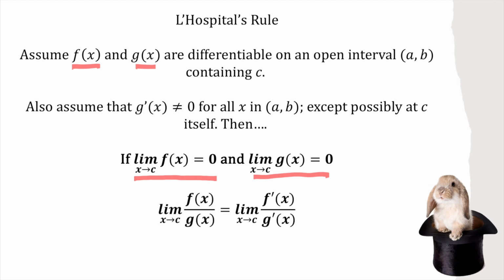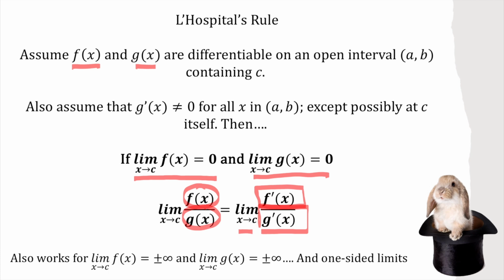Well, if you have f of x over g of x and you take the limit, that's the same thing as the limit as x approaches c of the derivative of f over the derivative of g. And that can make your life way easier. This also works for infinity over infinity or negative infinity over infinity.